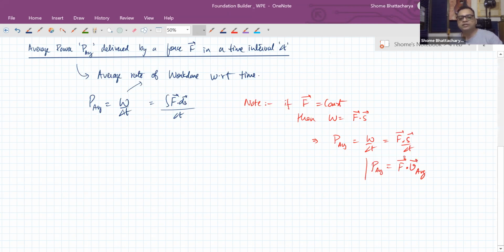We have to define work done by integration. So this relation which I'm telling you holds true only for a constant force, because S upon delta t is nothing but average velocity.